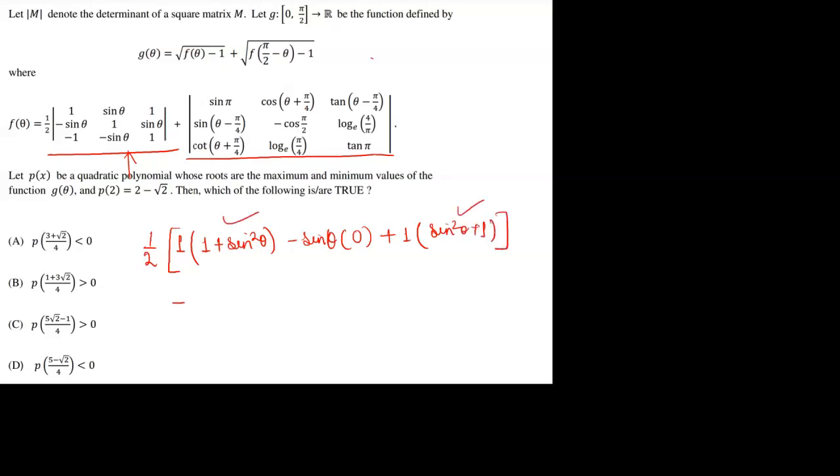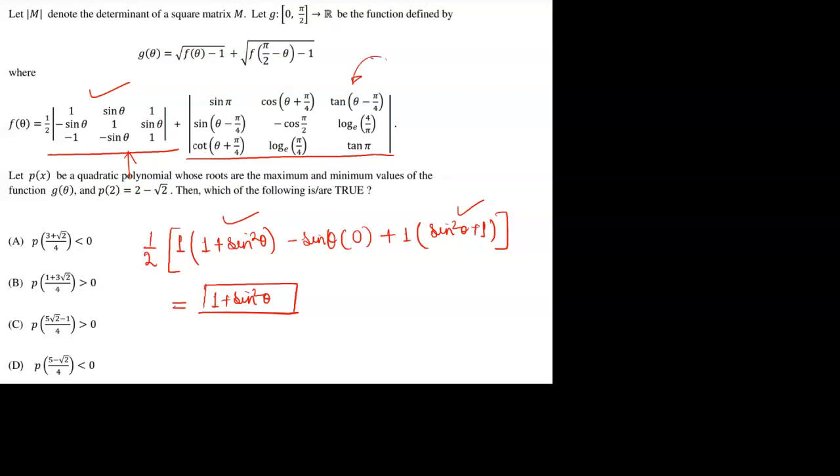Okay, we will have here 1 plus sine square theta. So we have calculated the value of this determinant, and now we have to see what this determinant gives us.